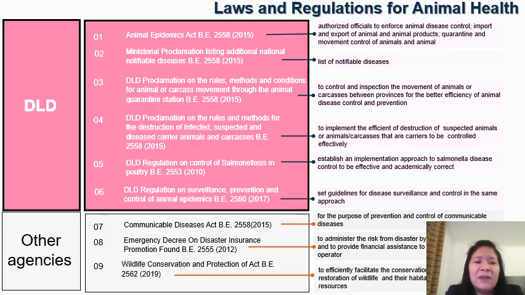The first one is the Animal Epidemic Act. The second one, also important beside the Animal Epidemic Act, is the list of notifiable diseases. If a disease is on this list, it is very important that the farmers inform the officers, and the officers, when the case is positive, have to go through the process of controlling the disease, which could be movement control, or destruction of the animals, which also includes compensation as well.